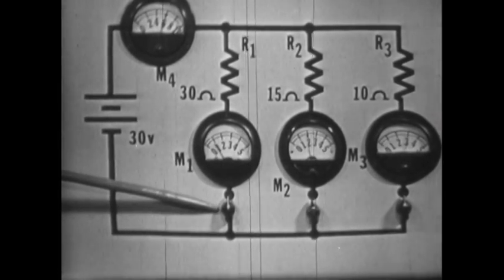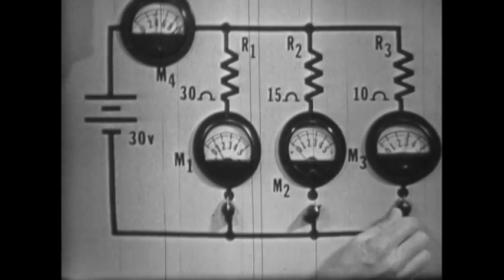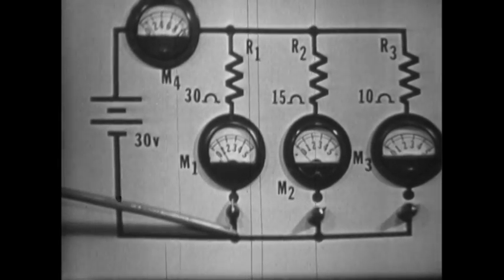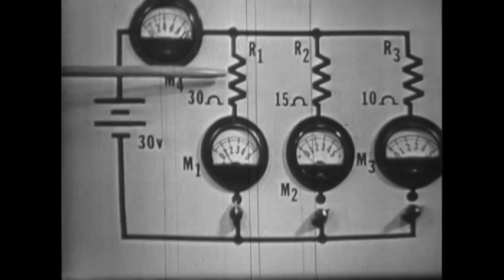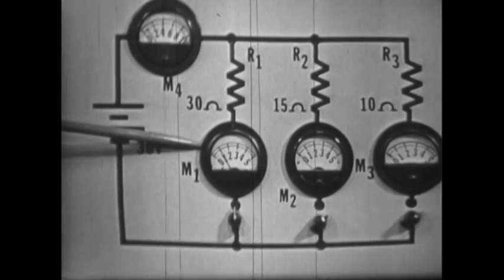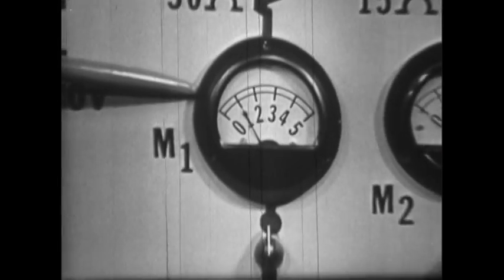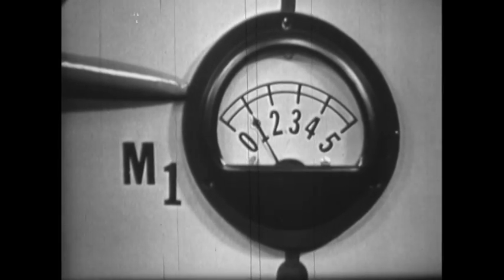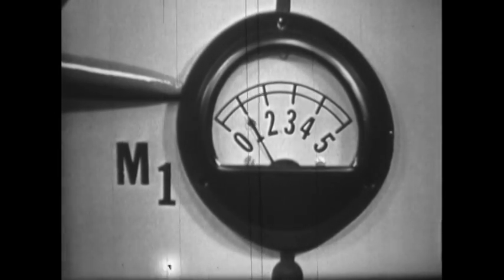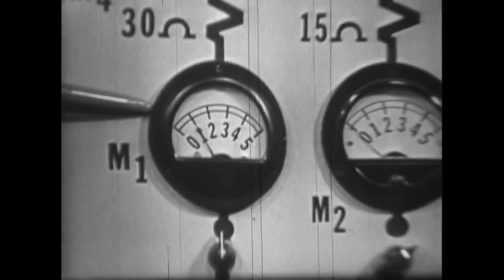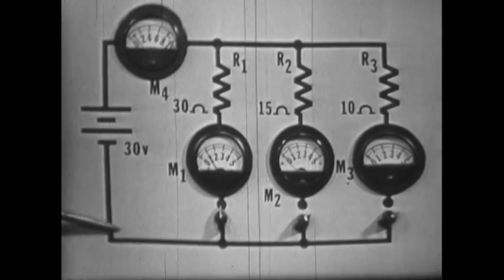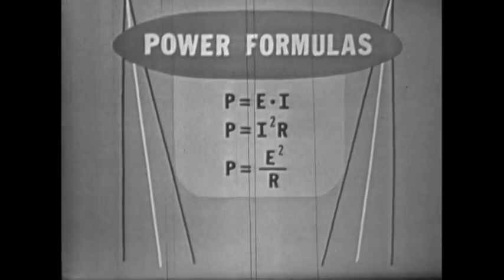With this switch closed and the other two open, let's determine the power dissipated by branch 1. R1 is a 30 ohm resistor. Meter 1 indicates 1 ampere of current. Since we know the ohmic value of the resistor, the current flow through the resistor, and the voltage across the resistor, we're free to use either of the power formulas to determine the power for branch 1.